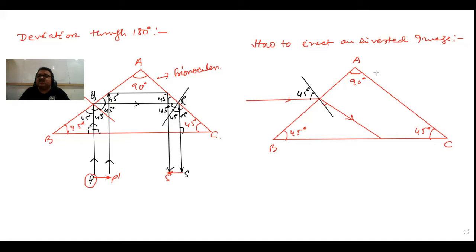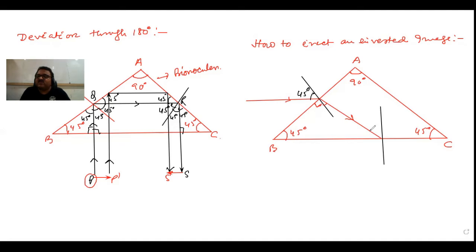Correct. Now draw a normal again. Okay, watch it. This is 45. This angle is 90 degrees. Yes or no? This angle is 90 degrees, and this angle is less than 45.